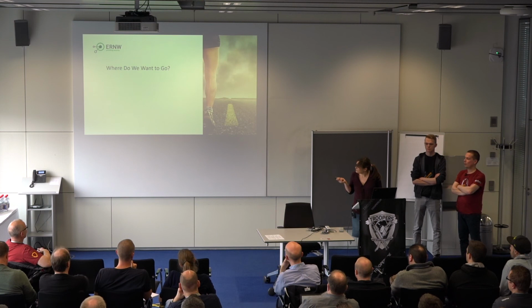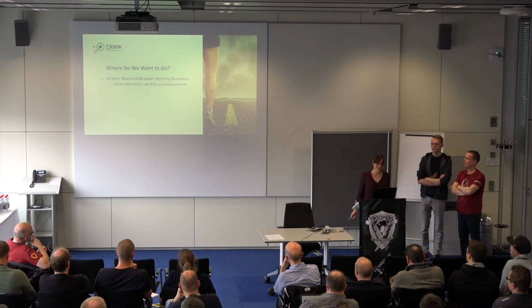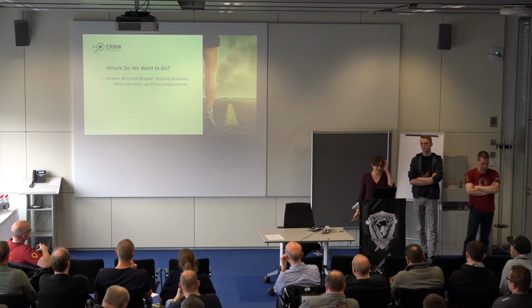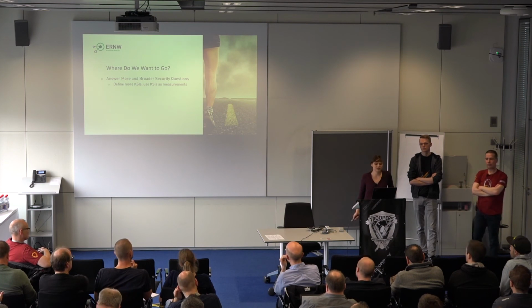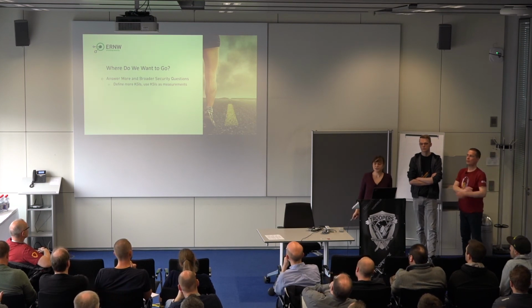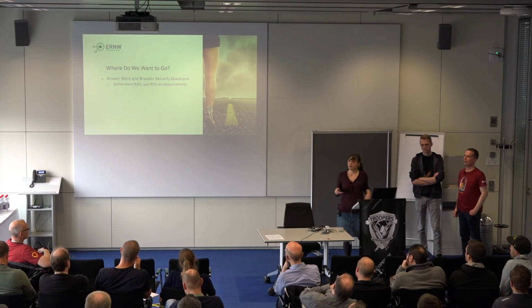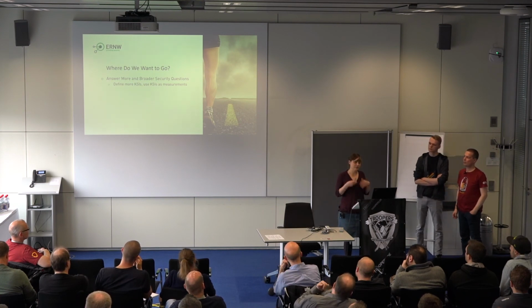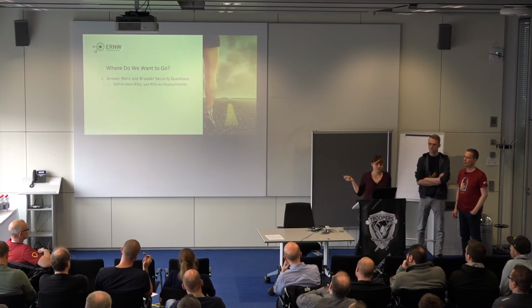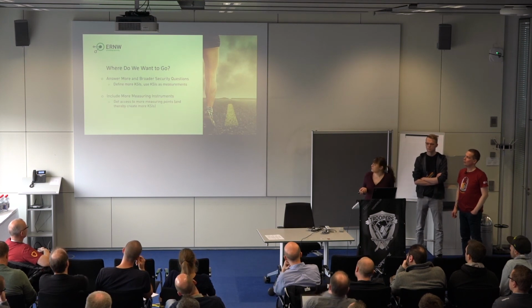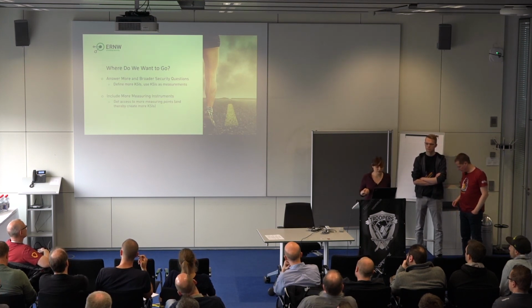Where do we want to go? Of course, more and broader security questions should be answered with this. So we want to define more KSIs and use these KSIs as measurements to answer broader questions again. Then we want to include more measuring instruments to get access to more measuring points.